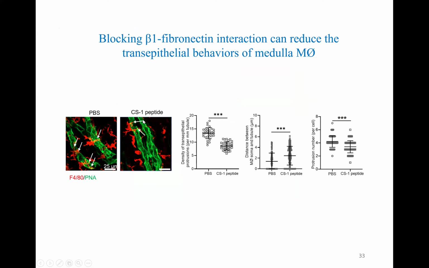Actually, blocking the beta-1 fibronectin interactions by a peptide called the CS1 peptide could recapitulate the phenotype when beta-1 was blocked by its antibody. You can see a detachment of medullary macrophage from tubules and reduced protrusion numbers.